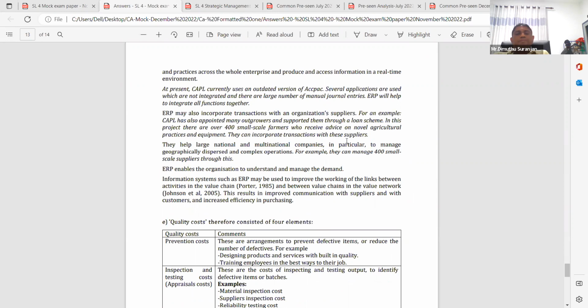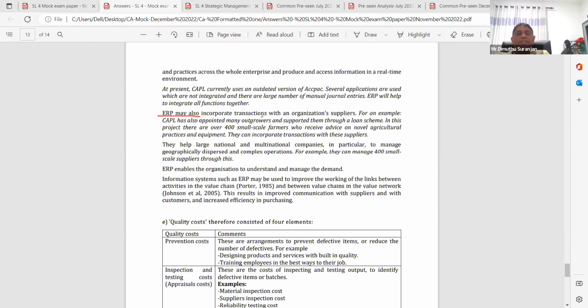So now see, the application at present: CAPL currently uses an outdated version of BACFAC. Several applications are used which are not integrated, and there are a large number of manual processes. ERP will help to integrate all functions together. Advantage: integration gain. So you show the problem they have, then how ERP sorts out that matter. ERP is helpful to integrate those activities. Then ERP may handle transactions with an organization's suppliers.